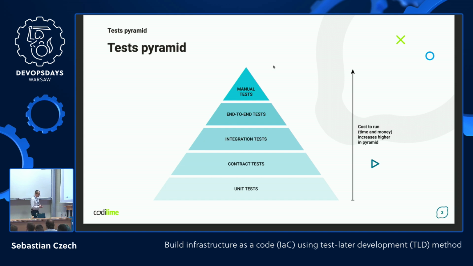For example, if all required attributes were provided for all resources. Contract tests help us to check if for the input data, so for the values of the variables, we delivered values matching our expectations.